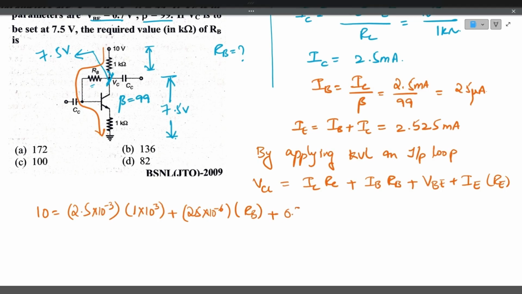Base to emitter voltage is 0.7 volt, emitter current is 2.525 milliamps, emitter resistance is 1 kilo ohm. So if you solve this entire thing, you will get the base resistance RB as 172 kilo ohms. So the answer is option A.